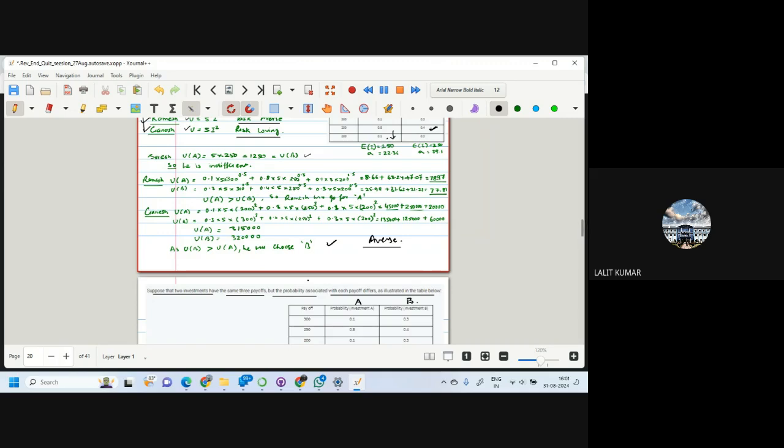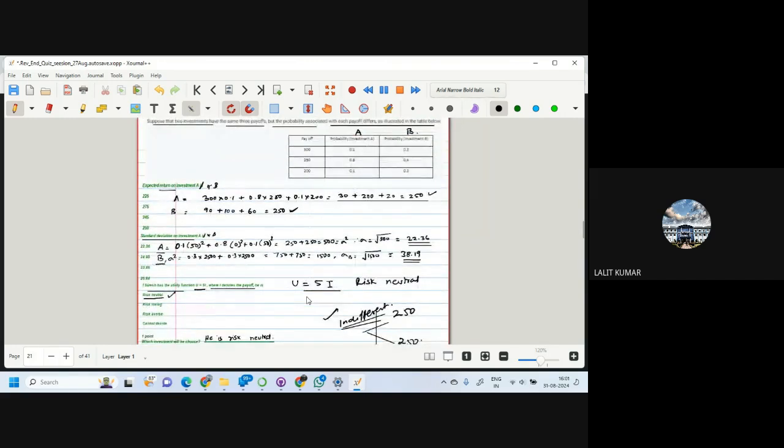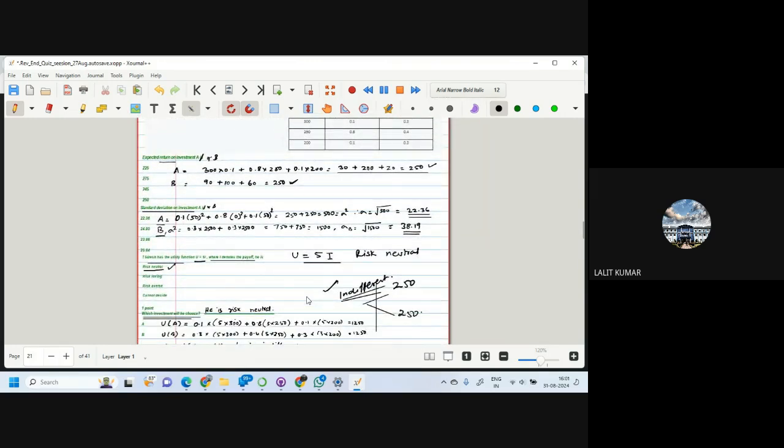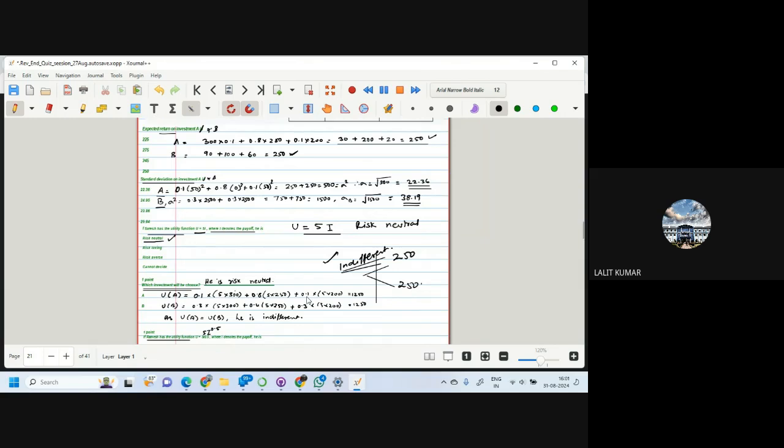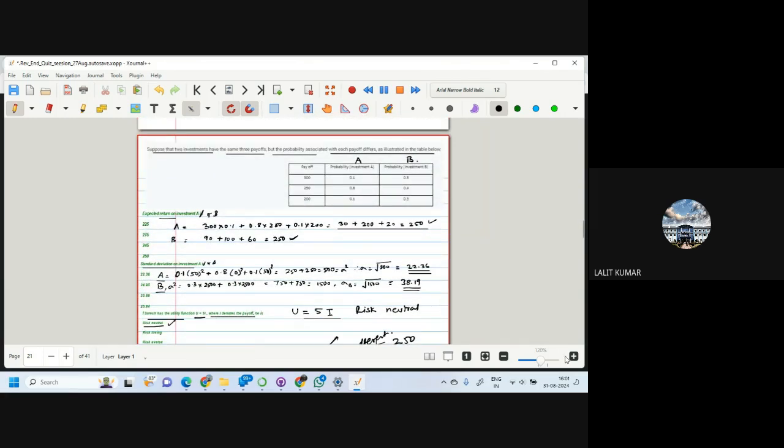This is for Suresh, for Ramesh, and for Ganesh. So you find UA and UB, and whichever is giving more, he will go for that. So this is the question from the GA on the same concept.